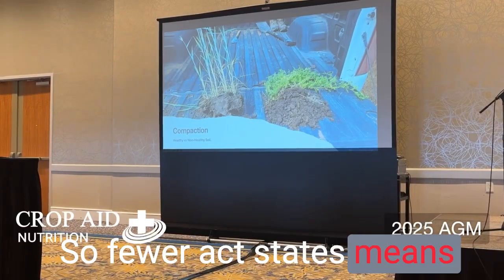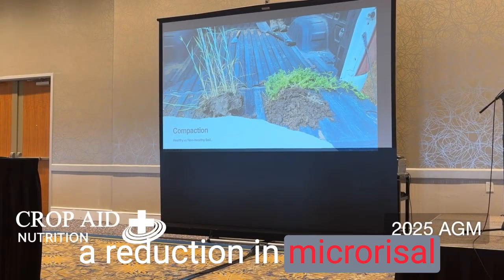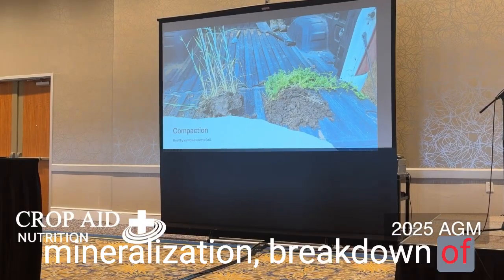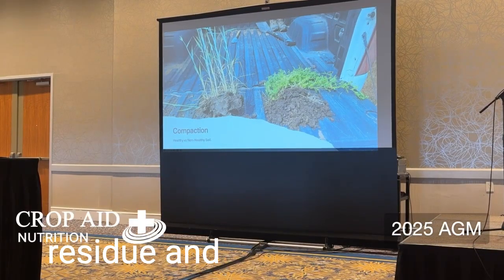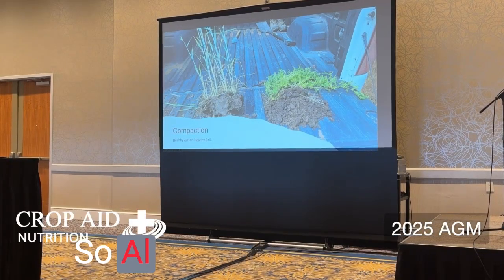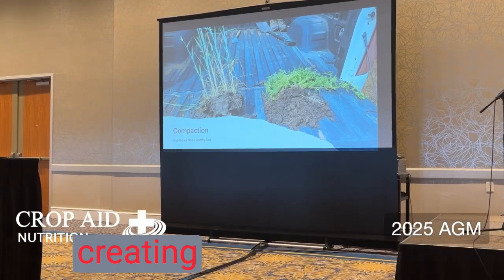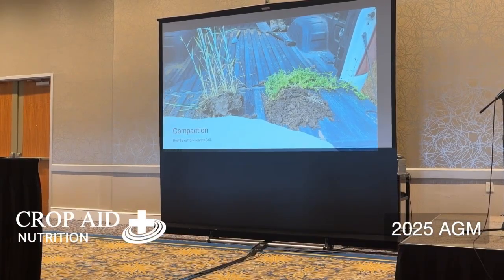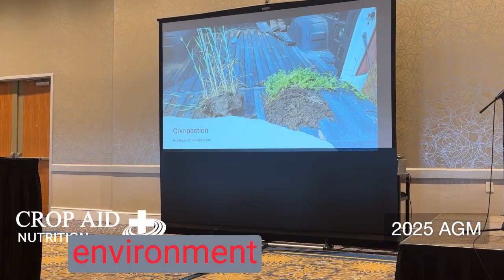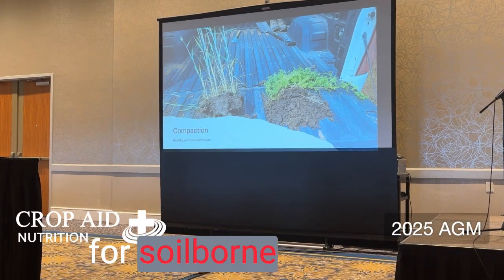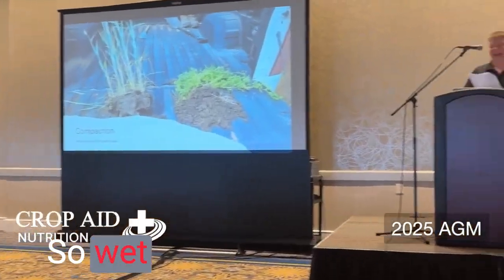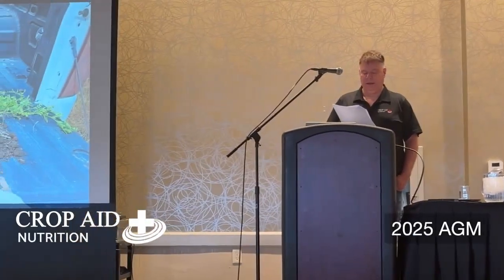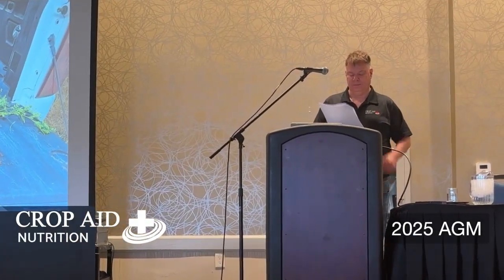So fewer exudates means a reduction in mycorrhizal colonization, nutrient mineralization, breakdown of residue, and glomalin production. Glomalin is essential for creating aggregates and having that nice soil structure. It's also a vector, an environment for soil-borne diseases. Wet anaerobic conditions favor diseases like rhizoctonia, pythium, and fusarium.